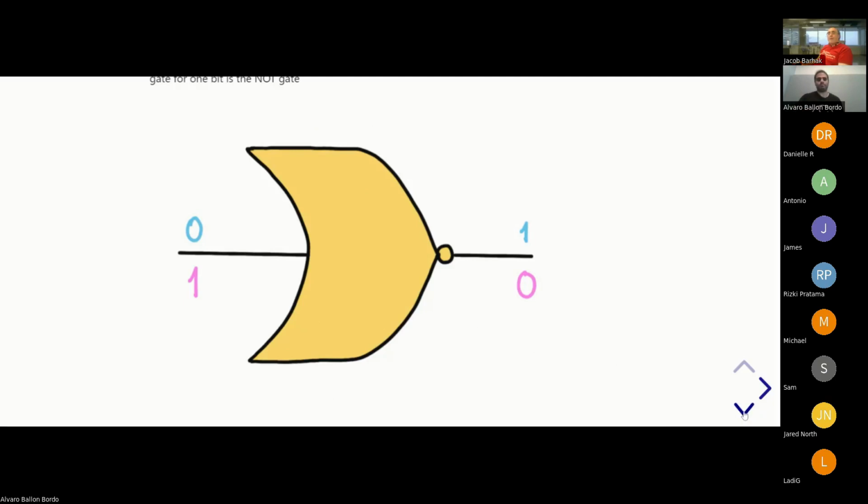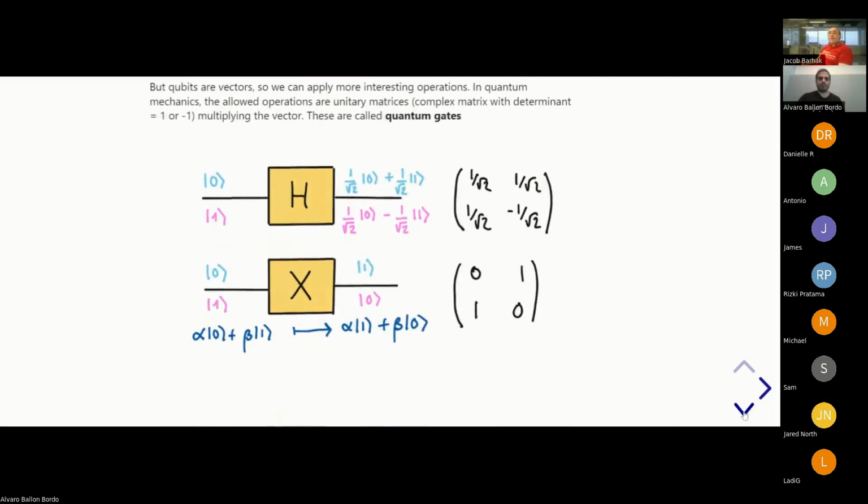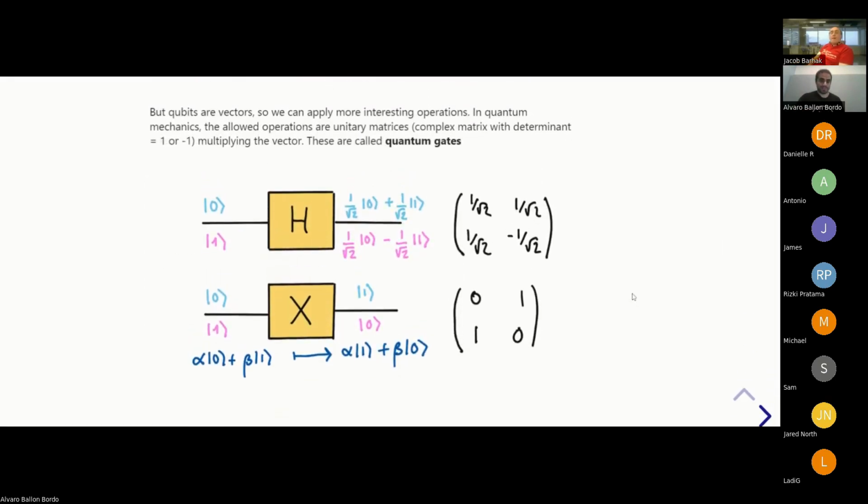But what if we have one qubit? Then our possibilities multiply. Whew. So qubits are vectors, and there are ways in which you can transform a vector into another vector. And the way in which you do this, if you are having some linear algebra flashbacks, is by multiplying the vector by a matrix.